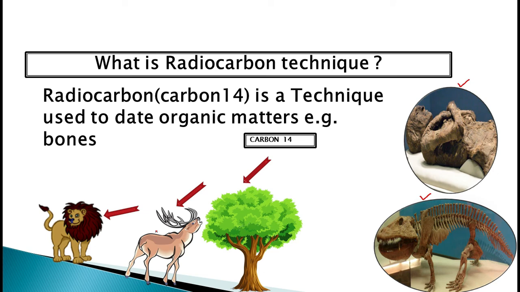By the amount of carbon 14 found in the body of the organism, we can find the age, that is, how many years back this animal or organism was alive.